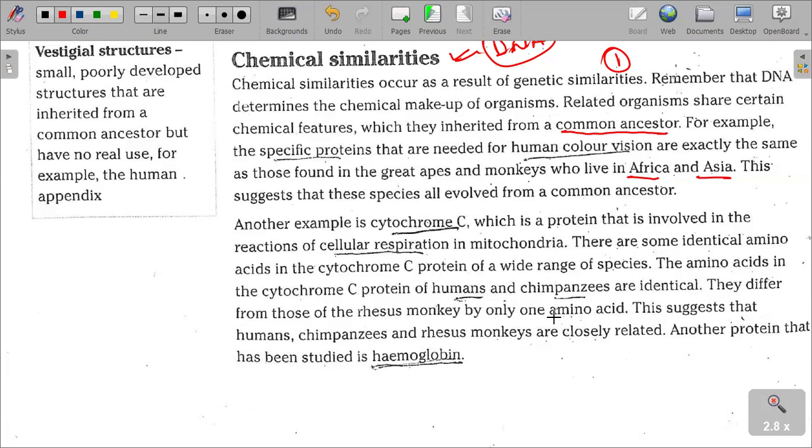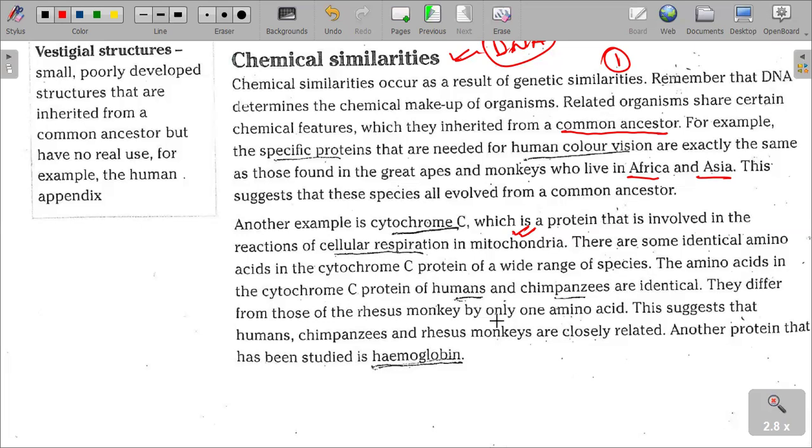in the reaction of cellular respiration in mitochondria. There are identical amino acids in the cytochrome C protein of a wide range of species. The amino acids in the cytochrome C protein of humans and chimpanzees are identical.